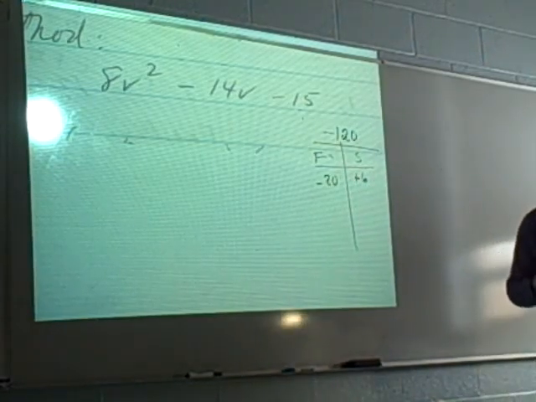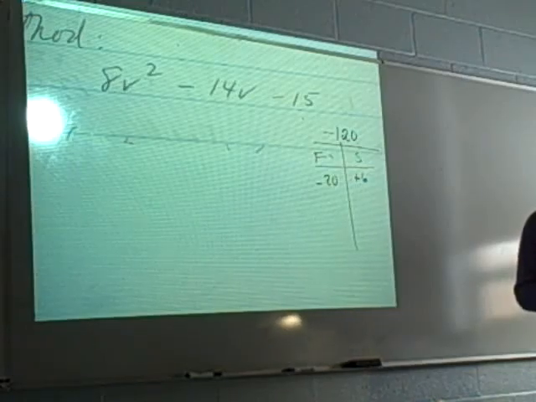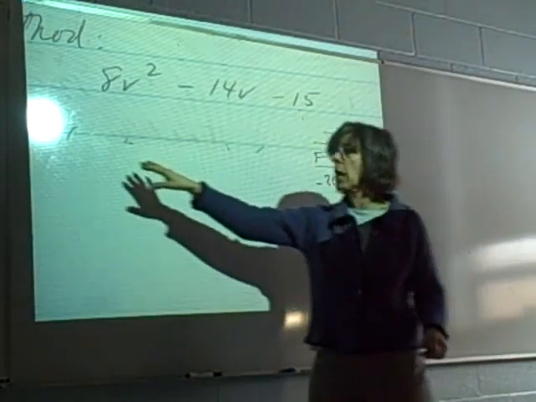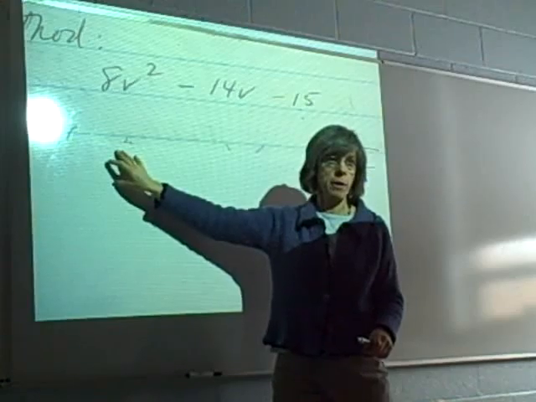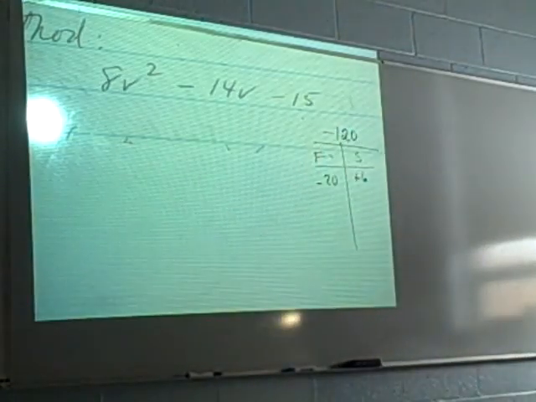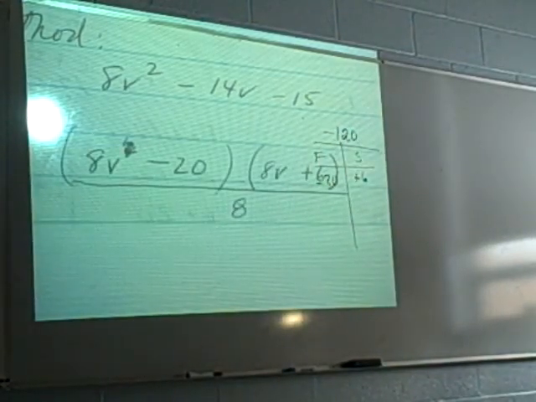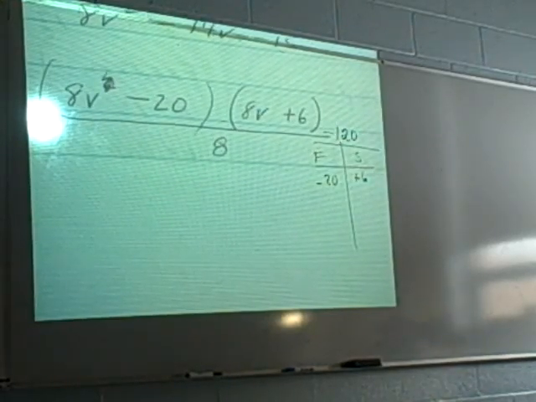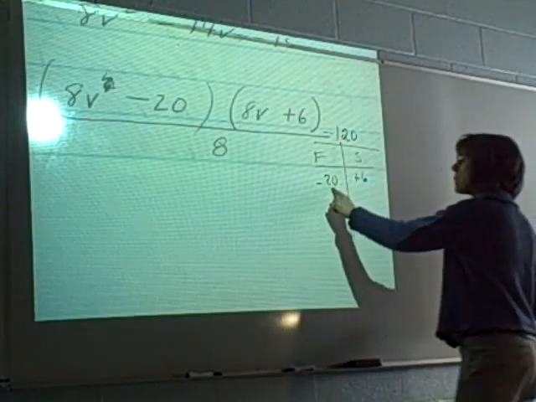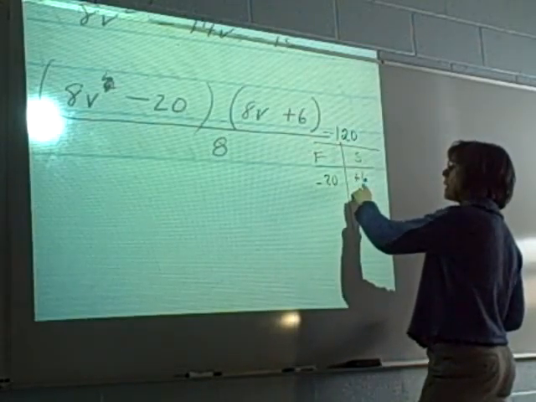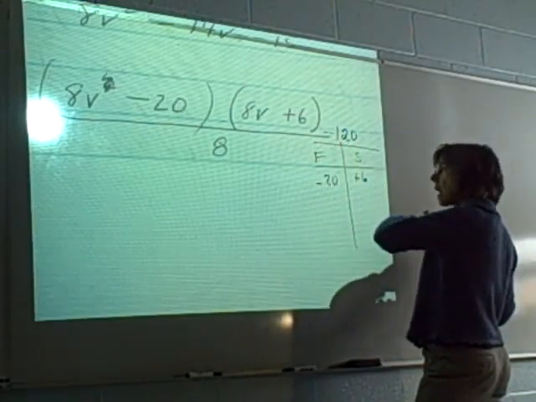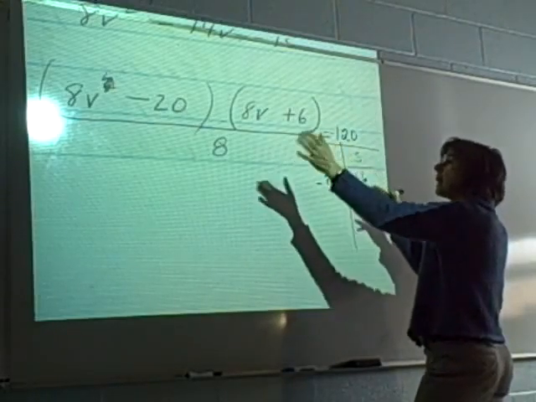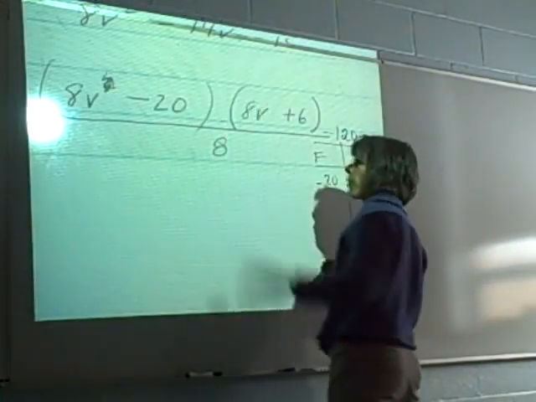So in this method, you know that one of them is going to have an 8v in front of it. And so this method just puts the 8 in both of them. So here was your negative 20, and here was your 6, and they just got dropped in, and she put 8 in both of them.